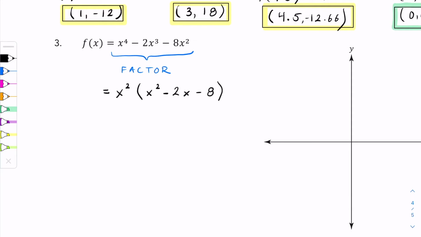And then I have to think to myself, what two factors multiply to equal negative 8, and the same two factors add to equal negative 2? That would be negative 4, positive 2. X squared times x minus 4 times x plus 2.